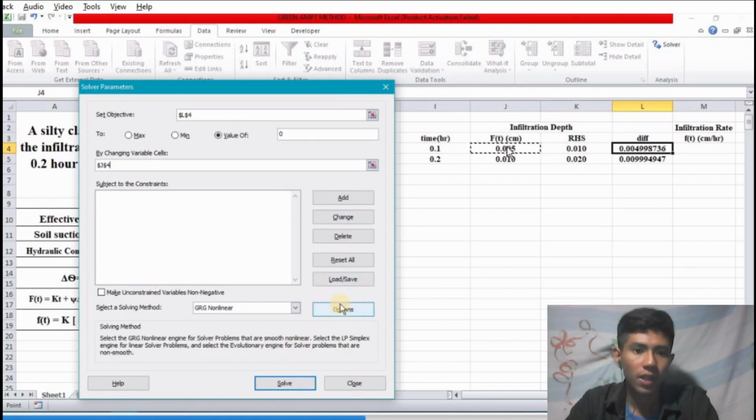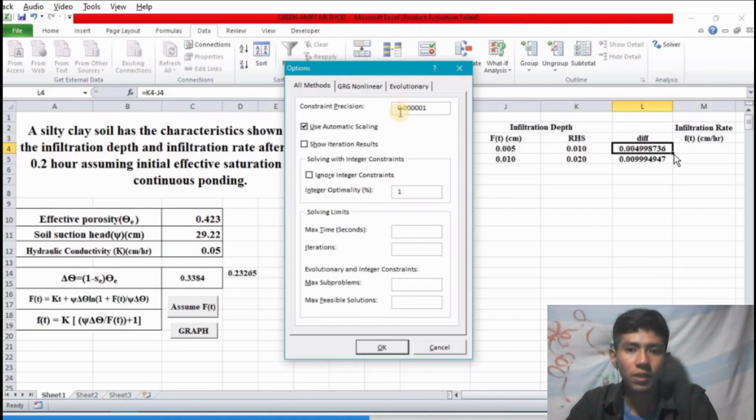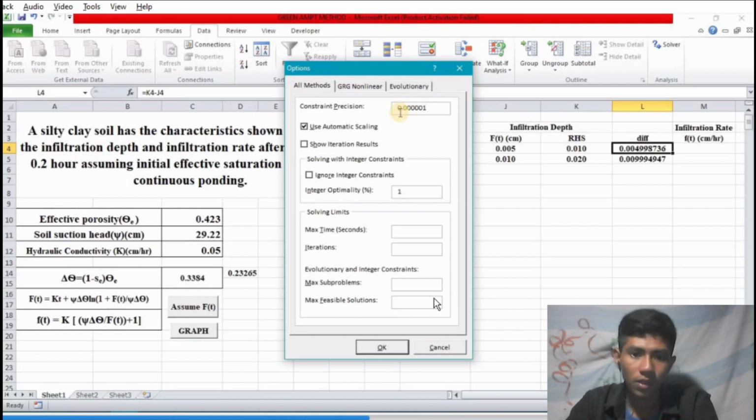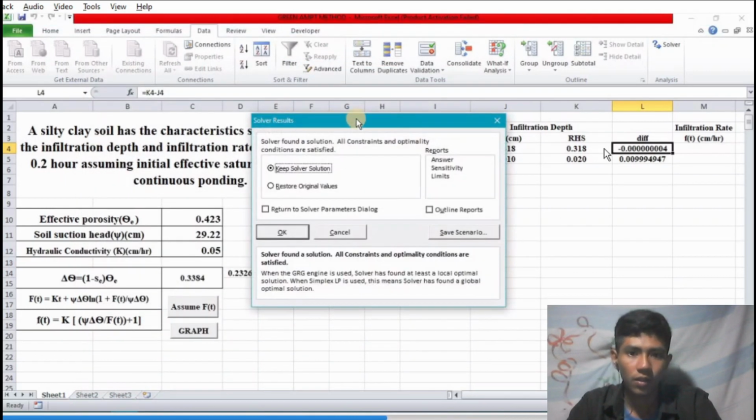If you look at the options, why do we use Solver? Because the constraint precision it needs is not just plain 0. We have 0.00001. I don't know how many, 6 or 7 decimal places? Okay, and then Solve.